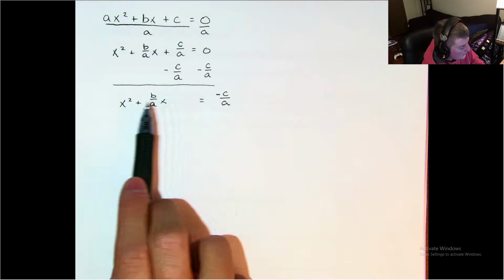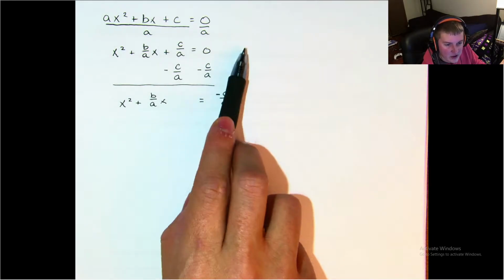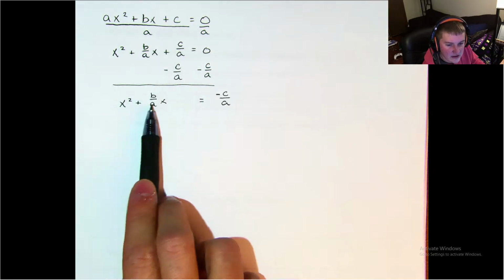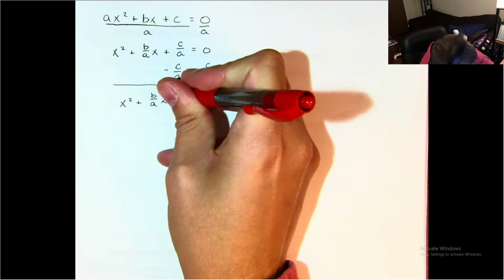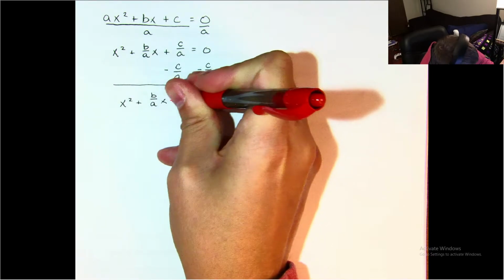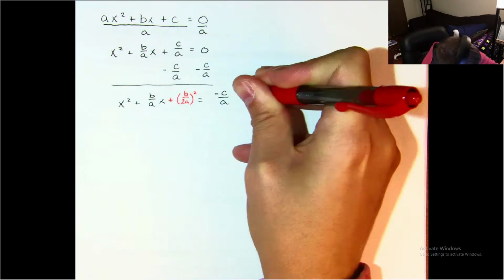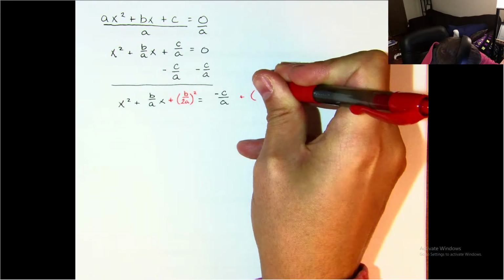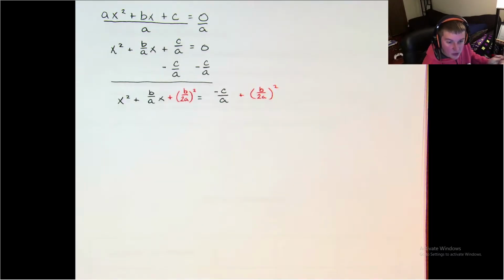So normally I would have you write in red, b divided by 2 squared. Well, our b value is a little bit different because it's b over a. So all that's going to look like is we're just going to add in b over 2a. This is the same thing, squared to each side. That's our special c value that will allow us to complete the square.